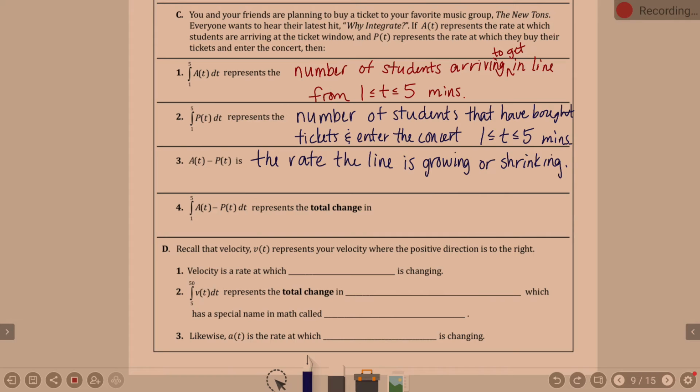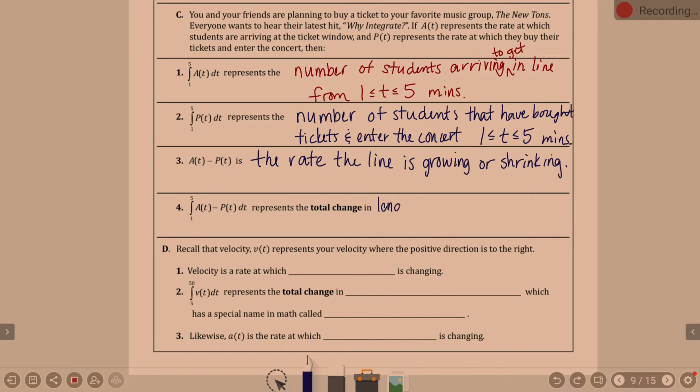And that's the total change in what? The amount of students. Okay, amount of students in line, which I have written as the length of the line, right? Because your amount of students is the length of the line. So it's the total change in how many students you have in line, the length of the line. And of course, that is on the interval from 1 to 5 minutes.